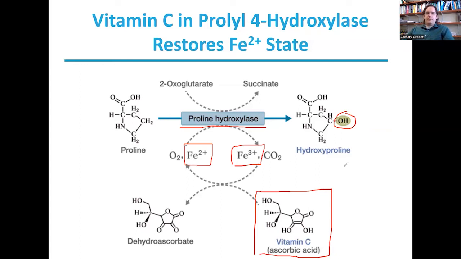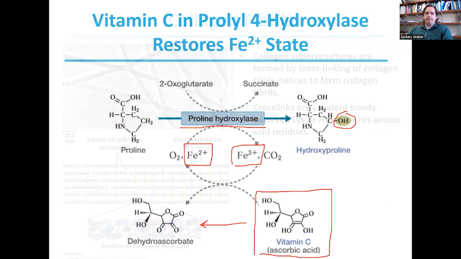So if we run out of vitamin C, if it's all consumed in this reaction, we're not going to be able to produce hydroxyproline, we're not going to be able to produce collagen, and gradually we're not going to be able to create the connective tissue that we need in order to hold our body together. So essentially, when you go into a scurvy state, you actually are kind of starting to fall apart in a sense, as you can no longer make that collagen, our key component of that connective tissue.